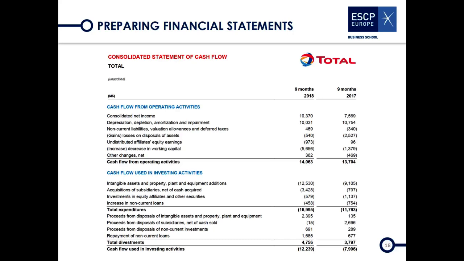Then they add back increases in liabilities, 469 million. They get rid of gains on disposal of assets. They get rid of earnings generated by their subsidiaries, so by the companies of which they own shares.